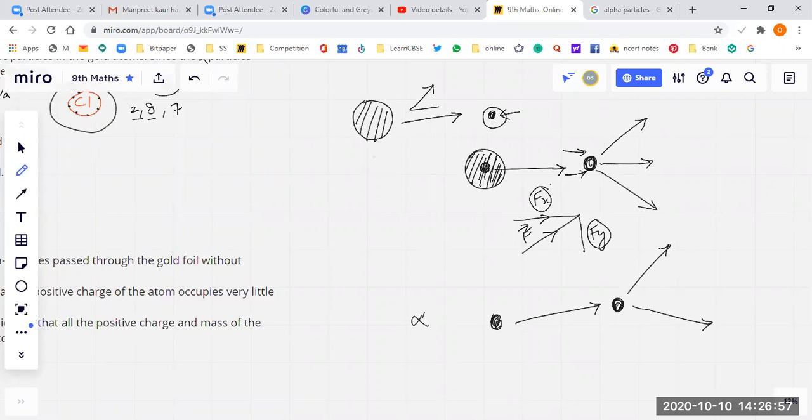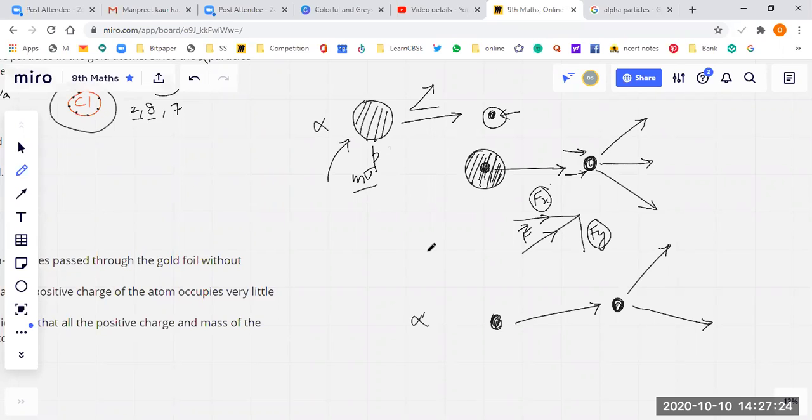Why? Because of momentum, mass into velocity. Its mass is bigger, velocity may be the same. Its mass is very small, velocity may be bigger or whatever it is. So that's why he did not expect much deflection, because alpha particles were like this. Am I right? But he got the deflections.